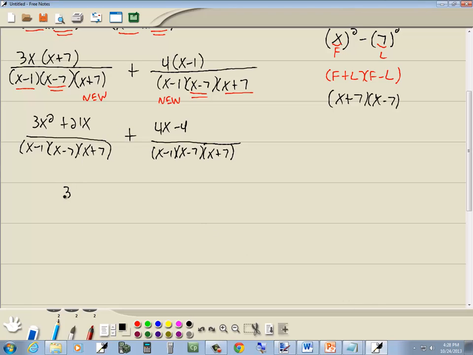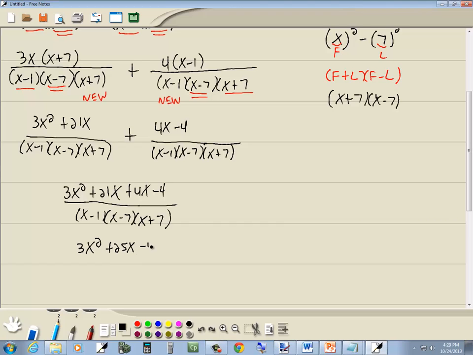So we get 3x squared plus 21x plus 4x minus 4, put into a single fraction, and our denominator is still x minus 1, x minus 7, x plus 7. Combining the like terms on top, we get 3x squared, 21x plus 4x is 25x, minus 4, over x minus 1, x minus 7, x plus 7.